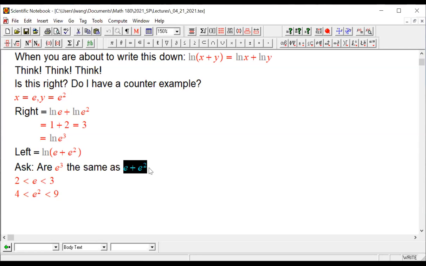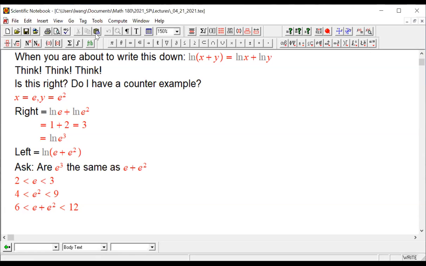So e plus e squared equals what? You just add both sides: 2 plus 4 is 6, and on the other side that's 12. That's a pretty big range, but e plus e squared is between 6 and 12.